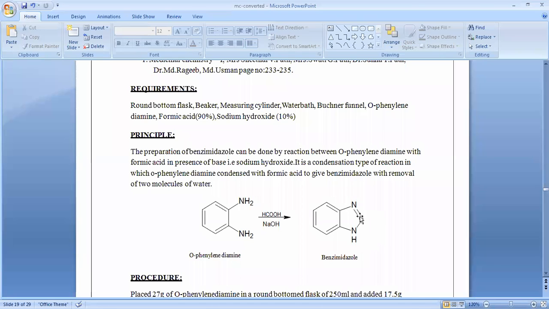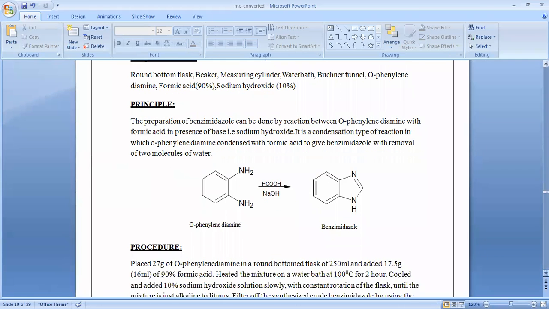So this is a simple ring closure reaction for the synthesis of benzimidazole from orthophenylenediamine. It is a base catalyzed reaction, requiring the presence of sodium hydroxide. Is it clear?